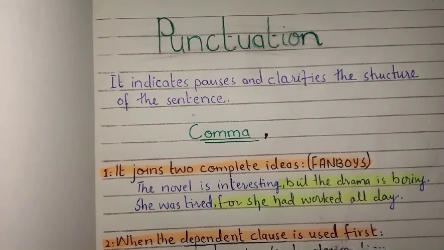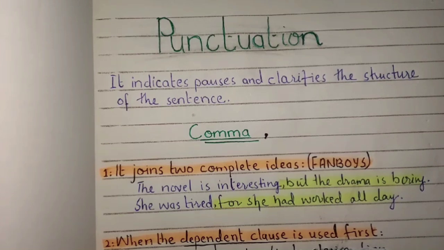Now in this sentence we have two different tenses. For example, she had worked all day. This is written in past perfect tense. And then we have she was tired, which is written in past simple tense.